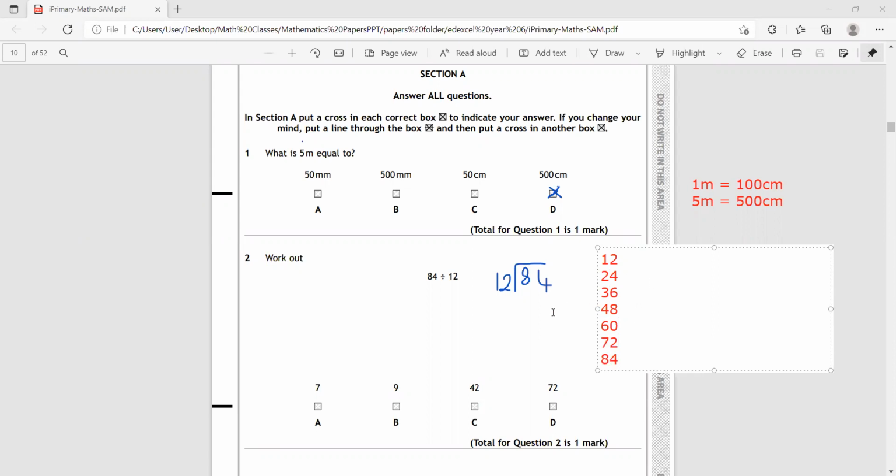So I can find how many 12s are here: 1, 2, 3, 4, 5, 6, 7. There are 7, so the answer should be A. When you get your answer, you have to cross it. These are the answers for the first and second questions. Let's move to the other parts.